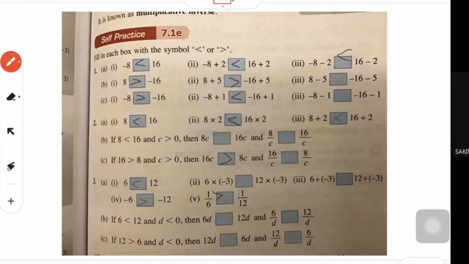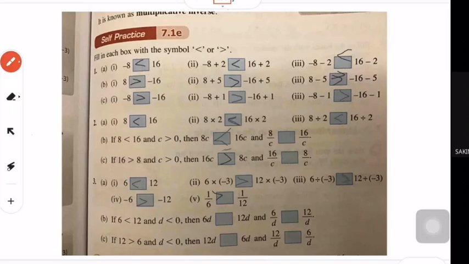Number 2B. Number 3 and number 2B, C not finished yet. Number 3 A2 and 3. And number 3B, number 3C.